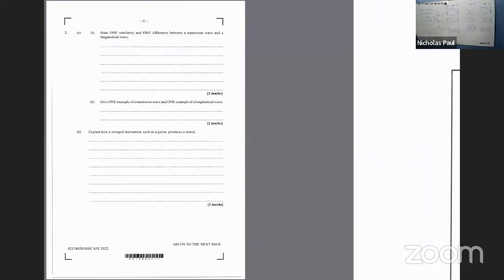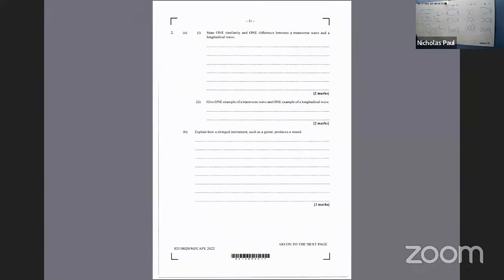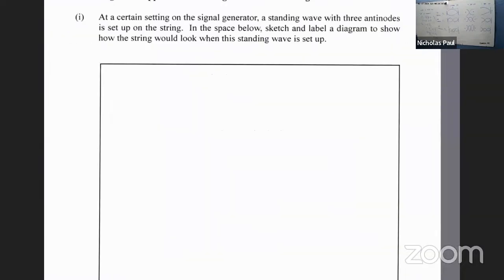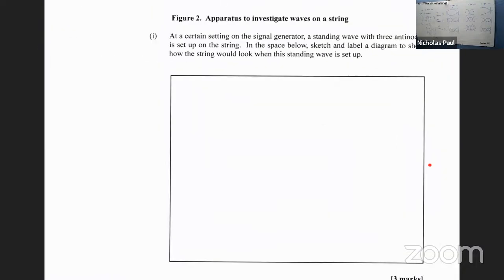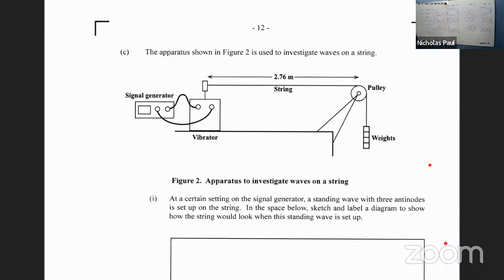All right, so for this one, the length is 2.76, right?